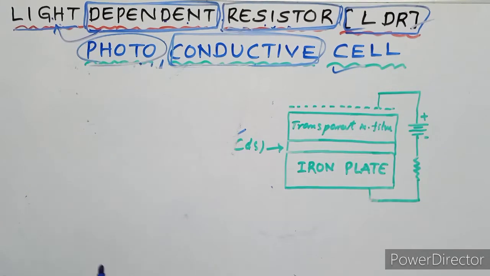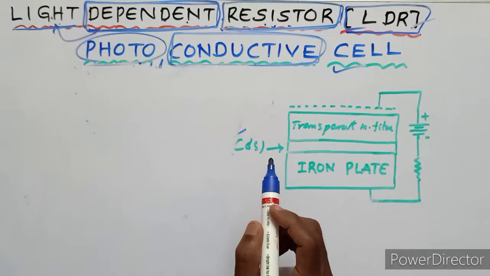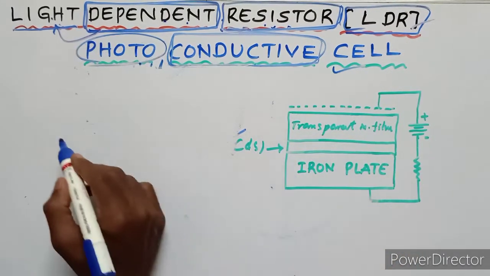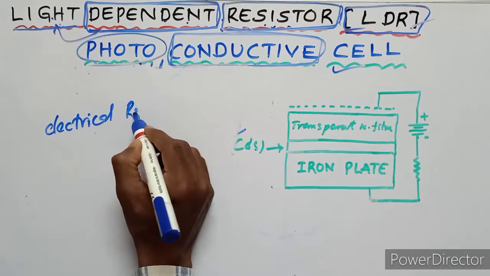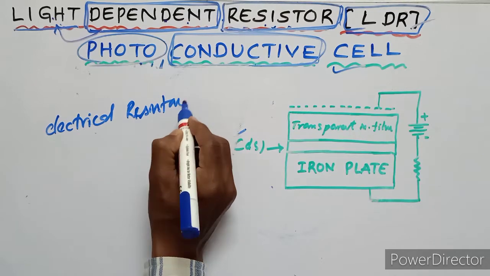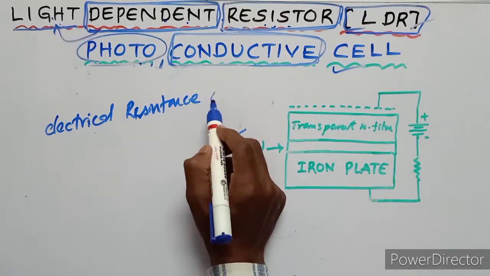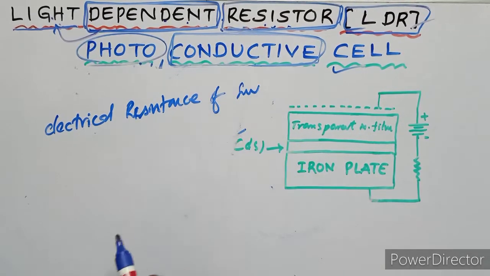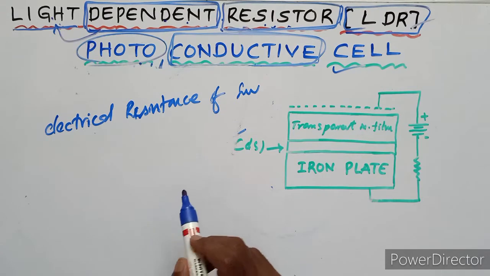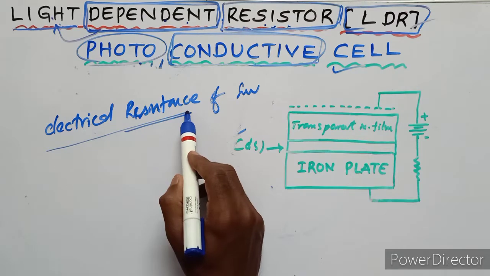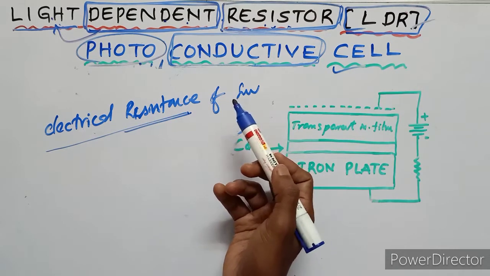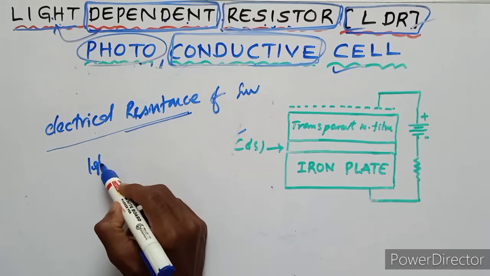The photoconductive cells, or light dependent resistors, are based on the principle that the electrical resistance of semiconductor material decreases when exposed to light radiation.